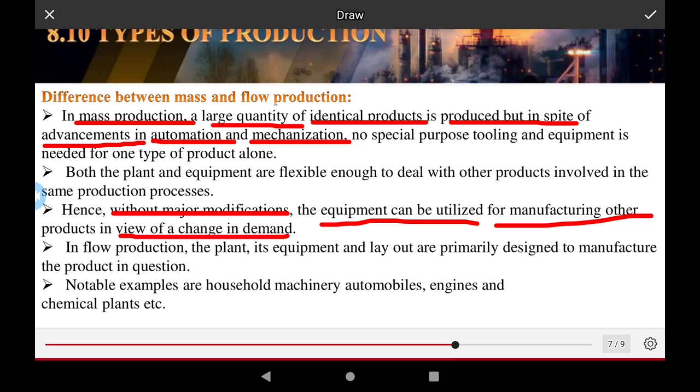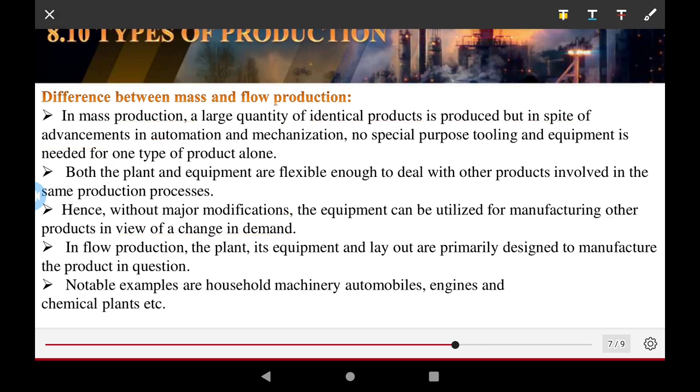In this system, there is no change of order and no change of variety, quality, and quantity of the identical product in production.